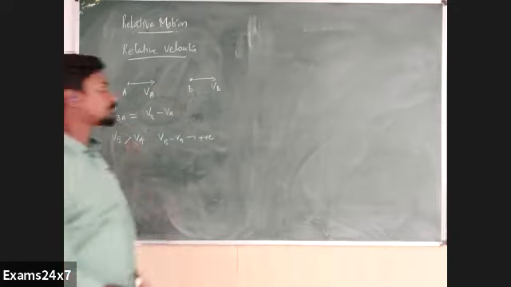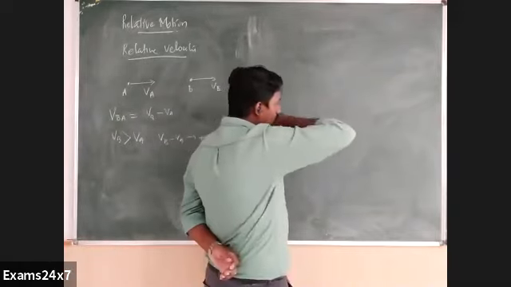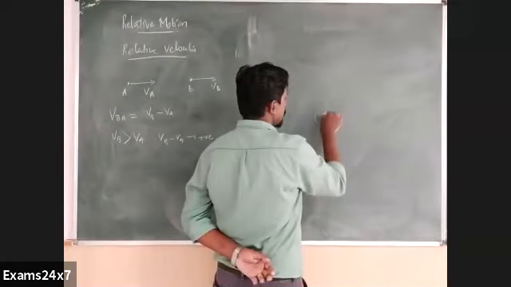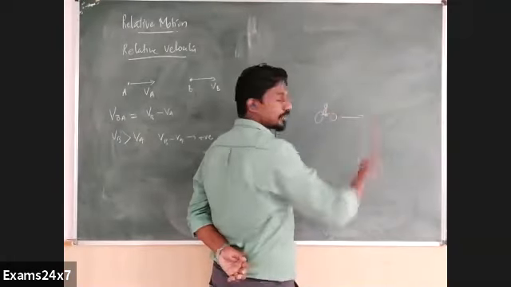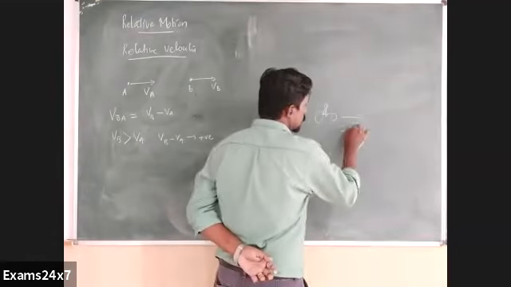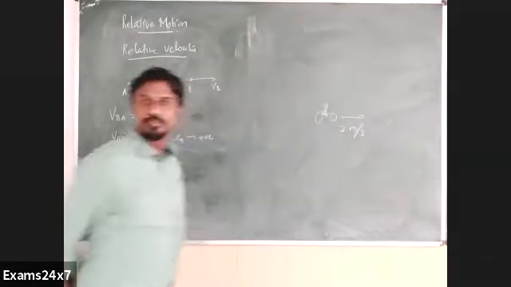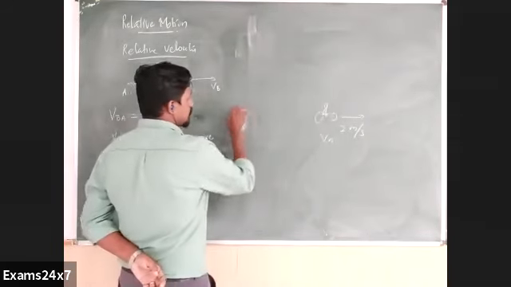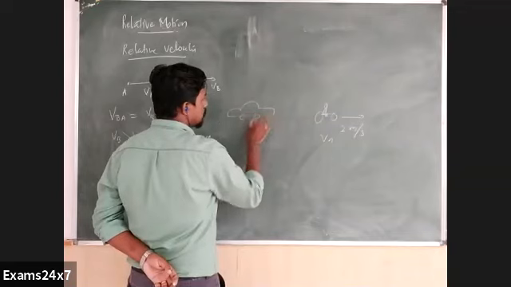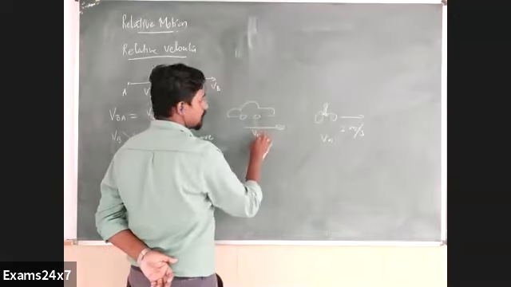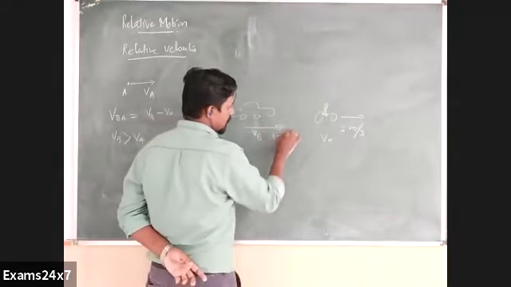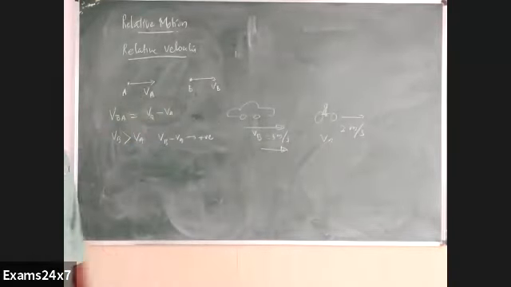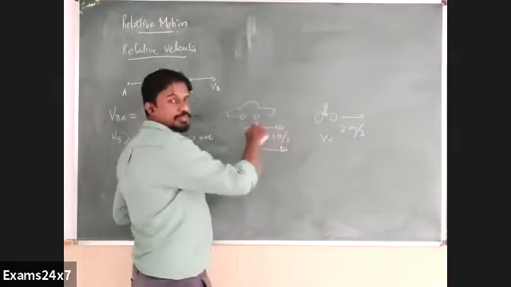For example, Ganesh is moving on a bicycle with a velocity of 2 meters per second. Let it be VA along this direction. There is a car moving in the same direction with velocity VB, 5 meters per second. I need to find the relative velocity of Ganesh with respect to the car.